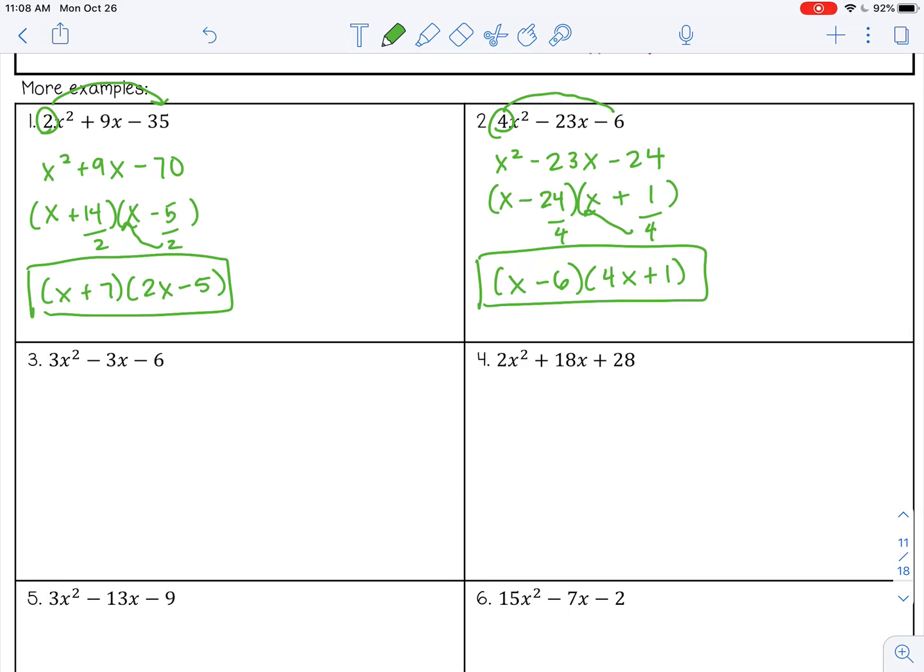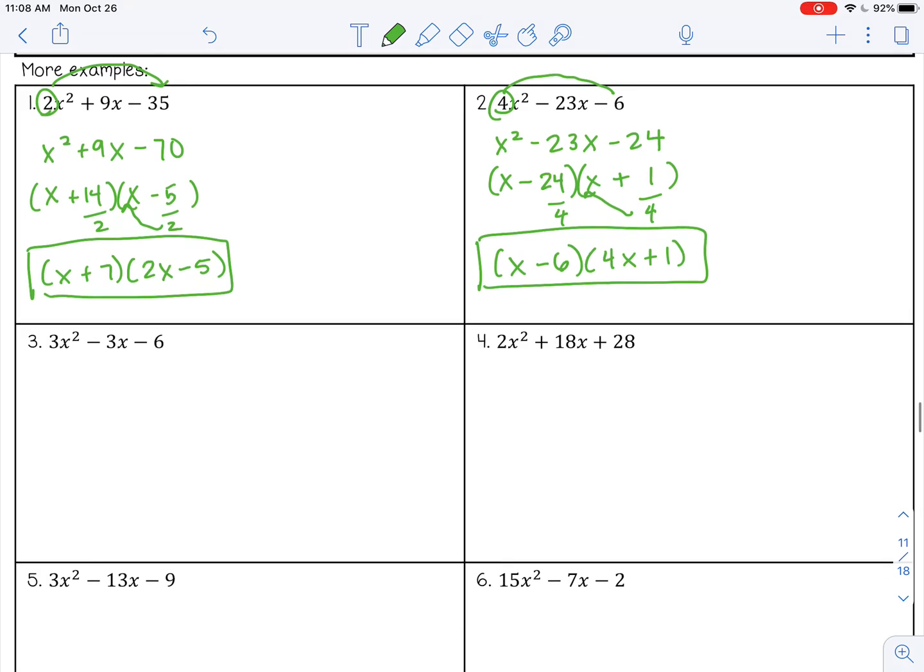All right, I'm going to do one more with you guys. So number 3, this one does have a GCF of 3, so I'm going to factor that out first. I just divided everything by 3. So we have x squared minus x minus 2 left. And now we just have a trinomial where a equals 1.